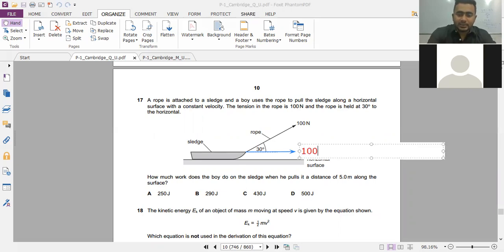It is 100 cos 30 degree. Right or wrong? Am I right? Yes, sir. That is the applied force. Now, if I multiply with the distance moved, what is the distance moved? 5 meters. Then I will get the work done, right? So 100 cos 30 into 5. কত আসে দেখেন তো?